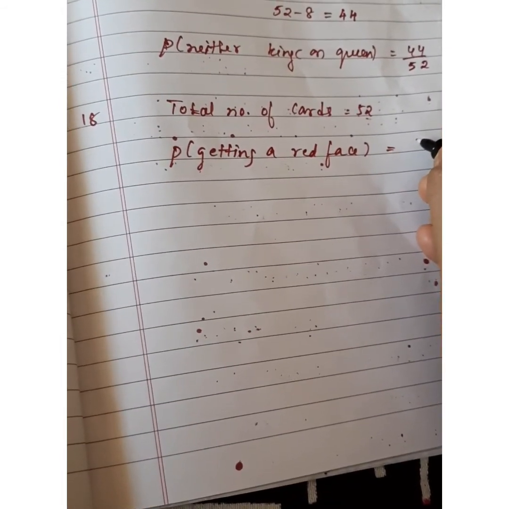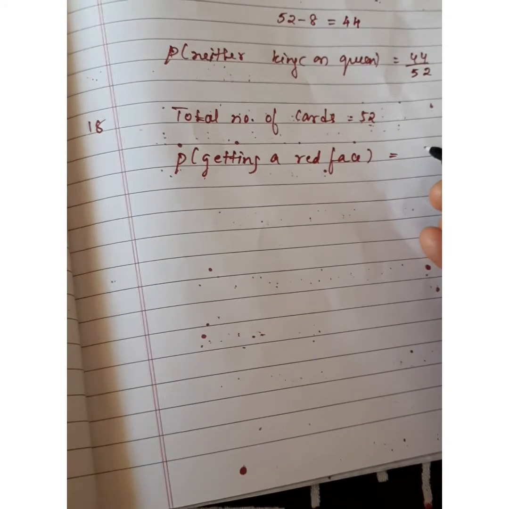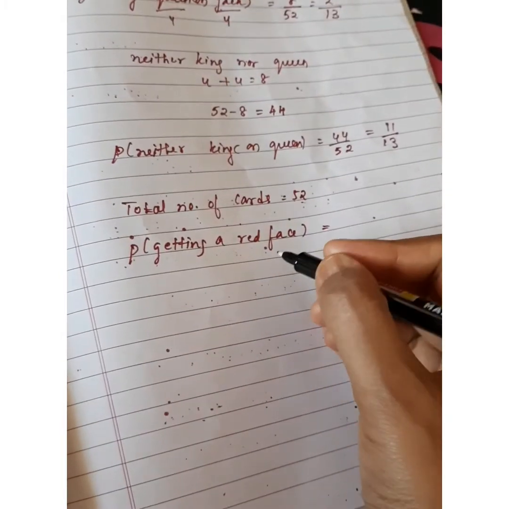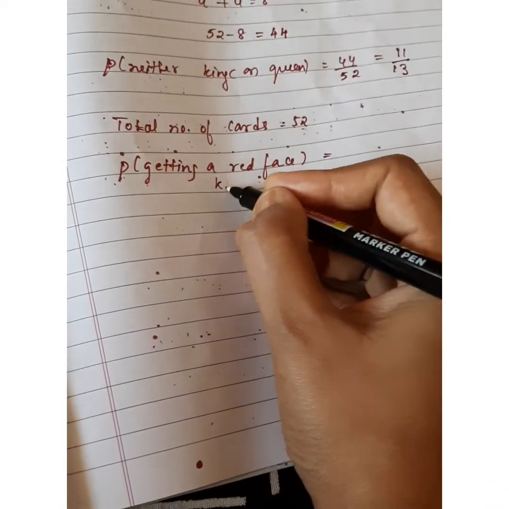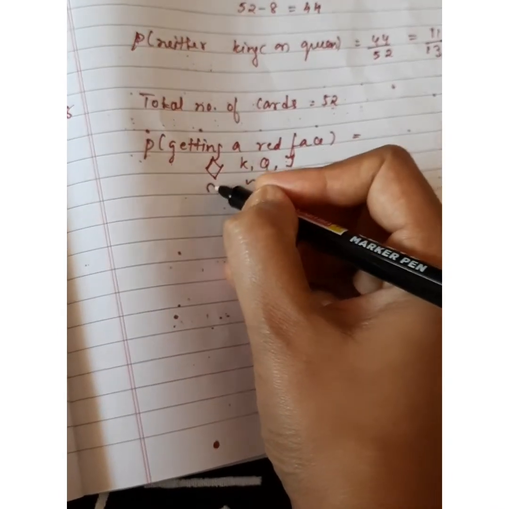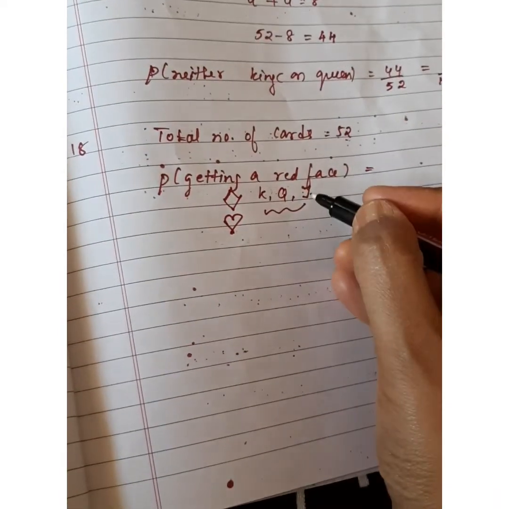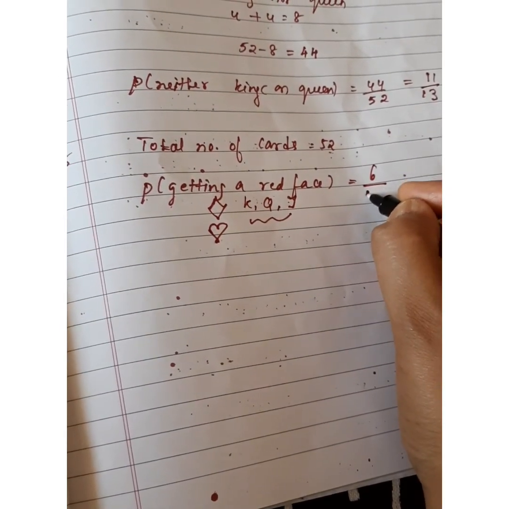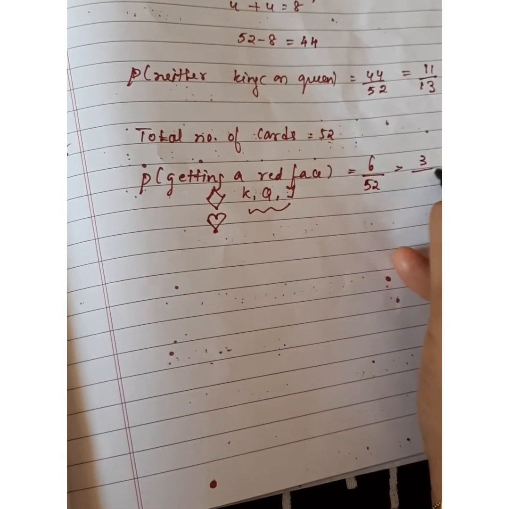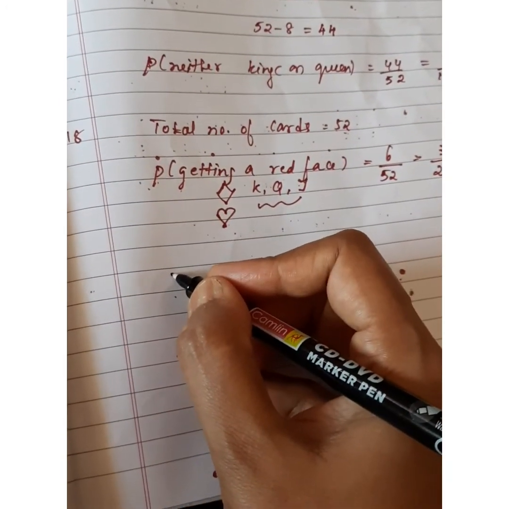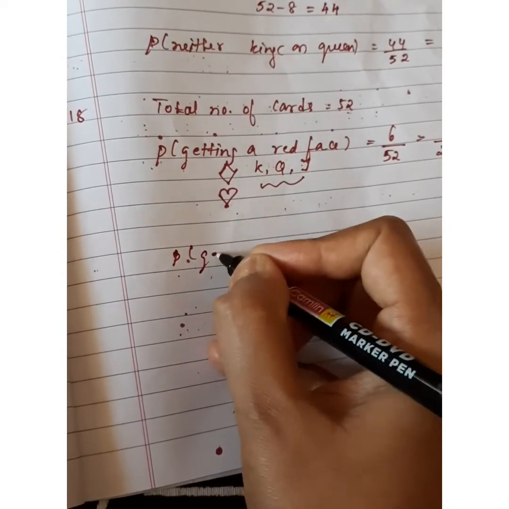So we get 2 possibilities within that, diamond as well as heart. So that's going to be 3 plus 3, 6. So 6 by 52 total. Further simplifying, you get 3 by 26, the probability of getting a red face card.